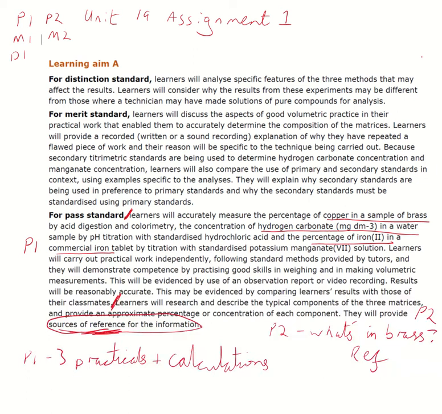So further up onto the merit bit. Merit M1 is discuss the measures taken to ensure accuracy in determining the amount of analyte in the matrices. So what we need to have up here is where we are going to have discussing good volumetric practices, why you've repeated work if needed.